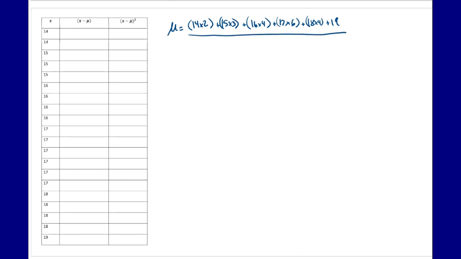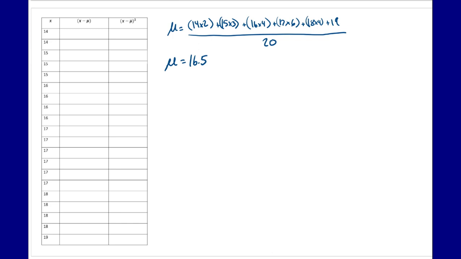All divided by, I believe there are 20, so it's 5, 10, yep. All divided by 20. So when we calculate this, give me 1 second to type this in, because it's not necessarily the easiest. So we do get an average of 16.5.